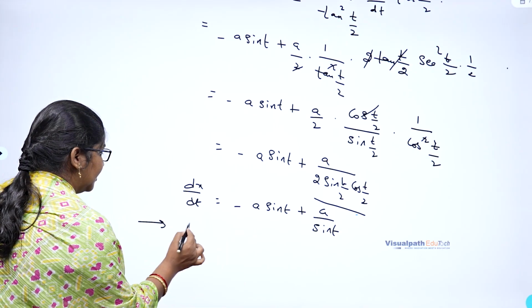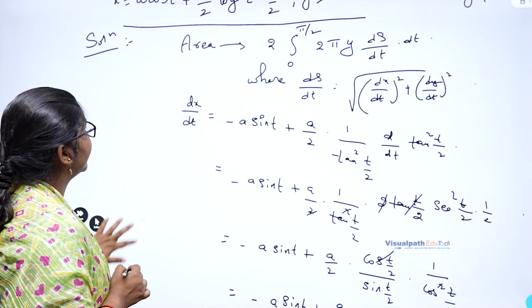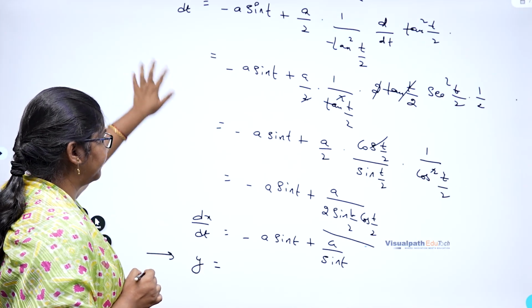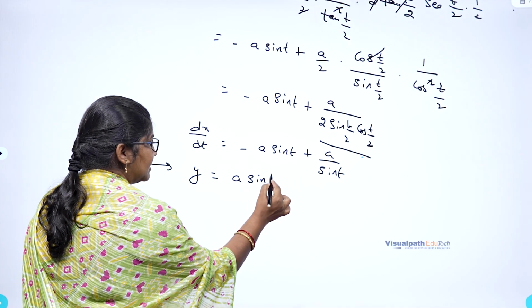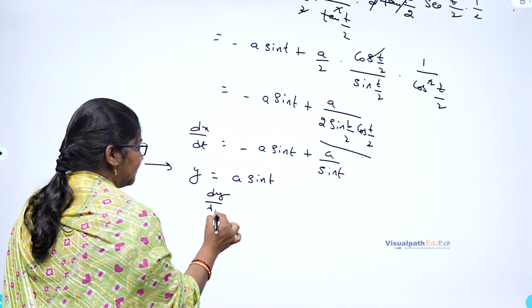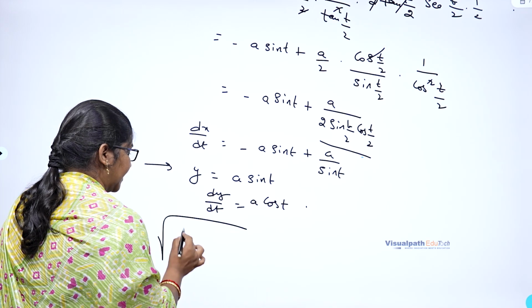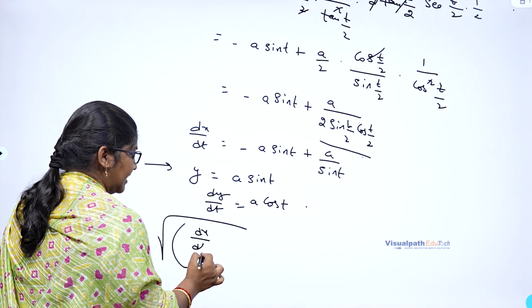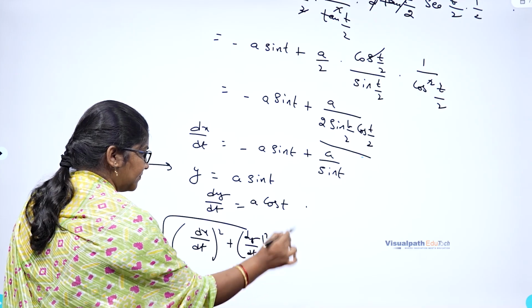Now, we have y is equal to, what is given? Y is equal to a sin t. A sin t means what is dy/dt? A cos t. Now, first we will find (dx/dt)² + (dy/dt)².